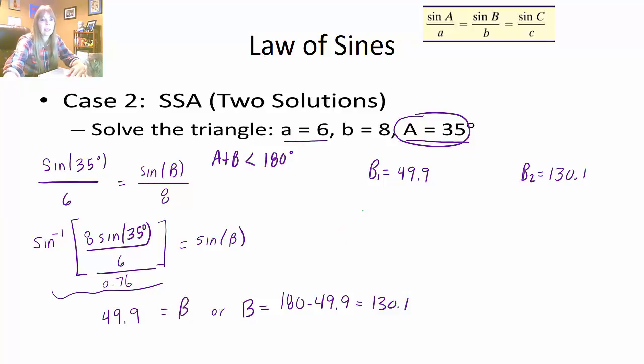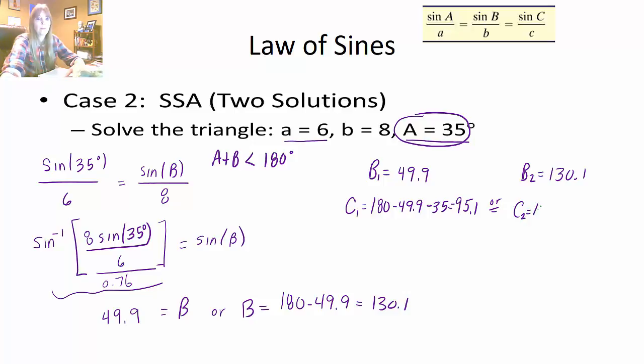And so in this case, if I look for C1, it's going to be 180 minus 49.9 minus A, so 95.1. Sounds like a radio station, huh? Or C2 could be 180 minus 130.1 minus 35, which is 14.9.